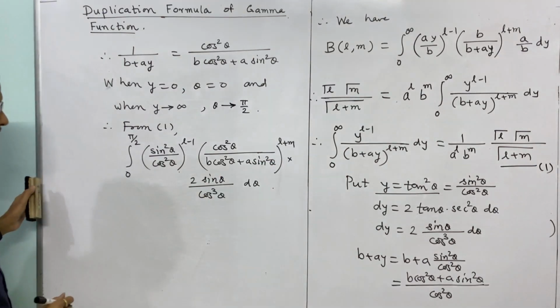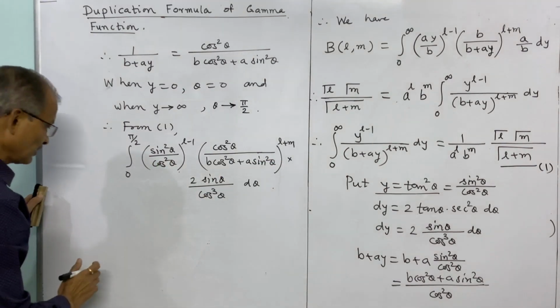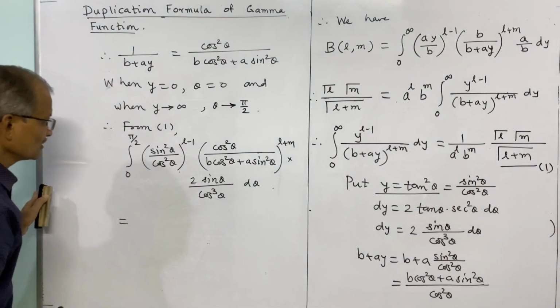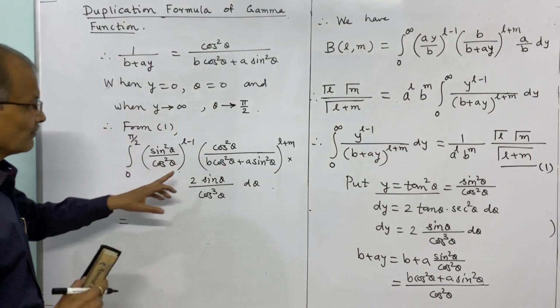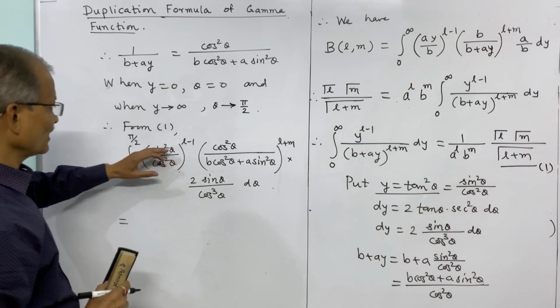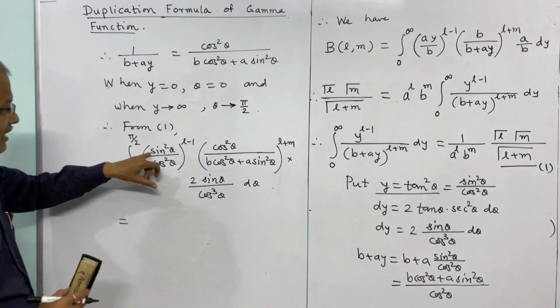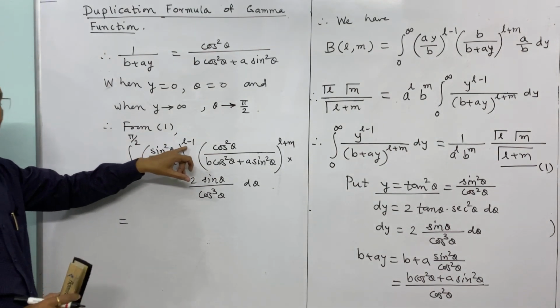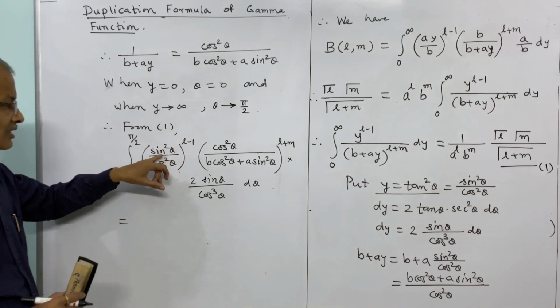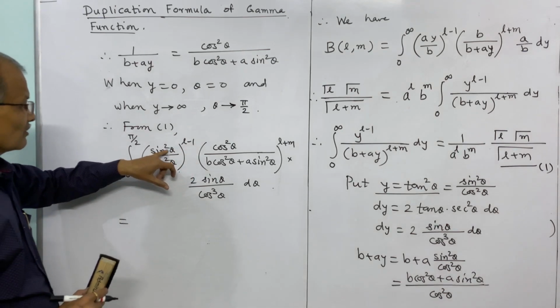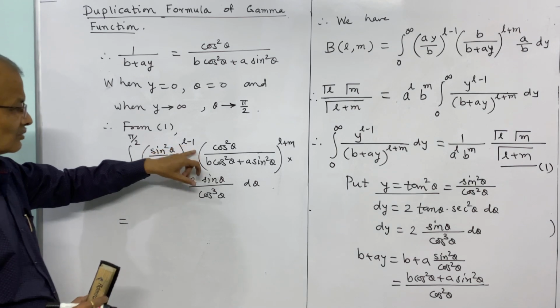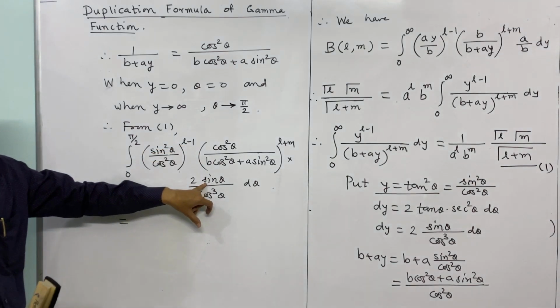Now we shall simplify this. You see the powers of cos and sine. At the numerator, sin square theta raised to L minus 1 gives sine to the power 2L minus 2, and here it is plus 1 power.